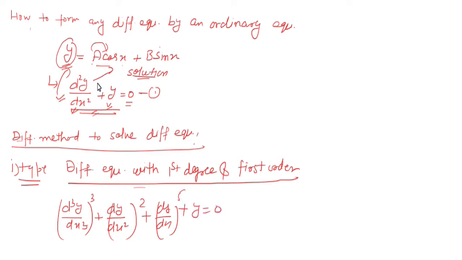So you can see that the maximum differential term is this one. So the order will be 3, and you can see that the power of the maximum differential term is 3, so the degree will be 3. So this equation has order 3 and degree 3.